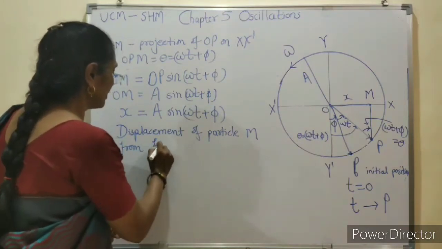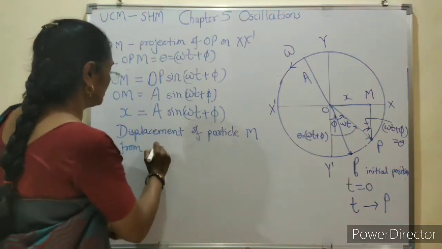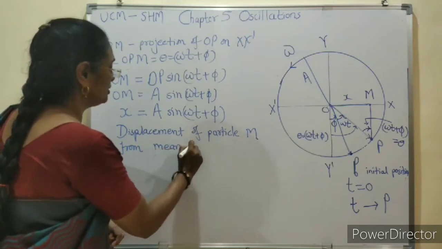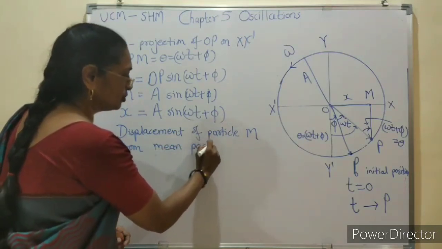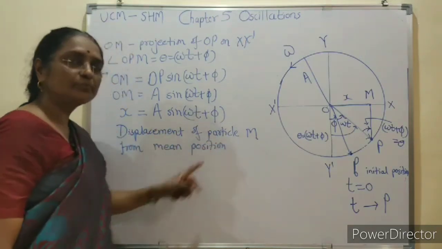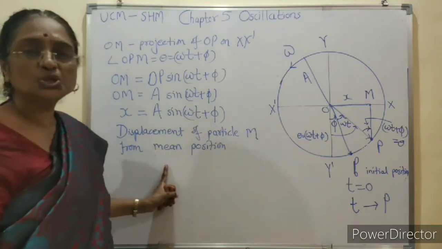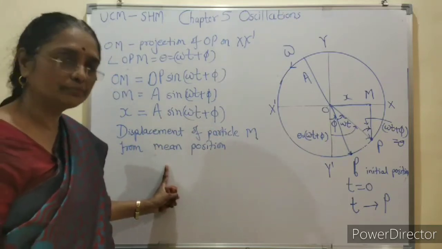O can be called the mean position here. So this is the description which we have used in simple harmonic motion.